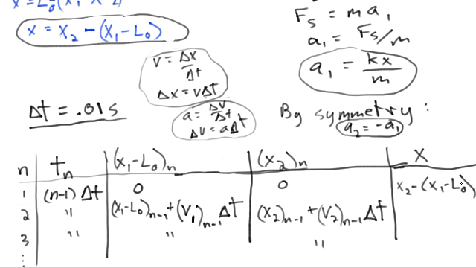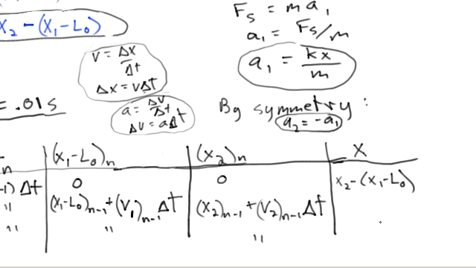Now, I never really know what L0 is. I'm using a value for x1 minus x0 in this expression. And by the way, this is the nth one, the row that I'm actually on. It's the nth x2 as well. And then this is just ditto marks straight down the line. So for the rest of this imaginary table I'm creating, I'm not actually going to fill in 1,000 values, but we got the stretch of the spring.